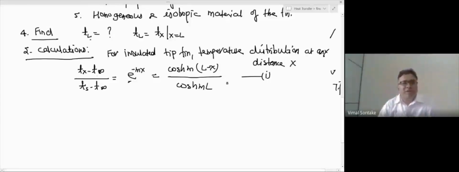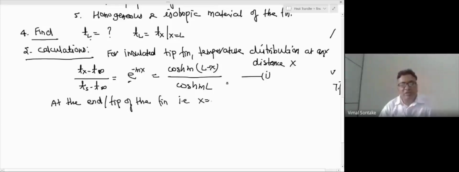So this is the temperature distribution at any distance x. At the end or tip of the fin, x will be equal to L. So Tx will be represented by TL.